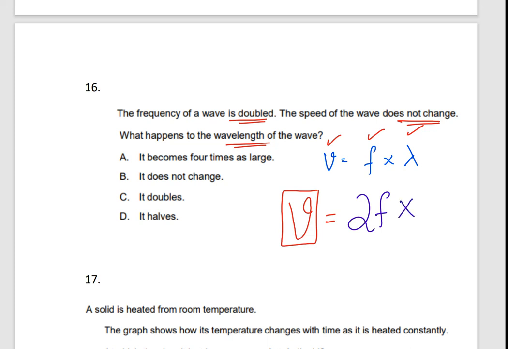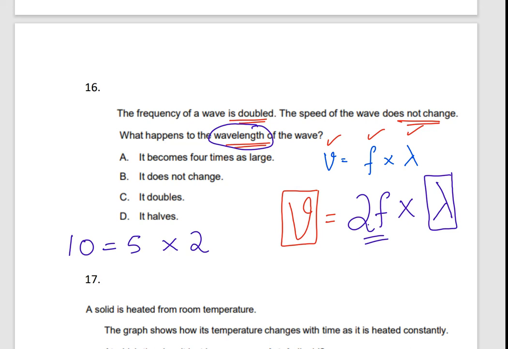Now the question is, what would happen to the wavelength when the frequency is doubled but the speed does not change? Think logically now. Let's say you have 10 equals 5 times 2.